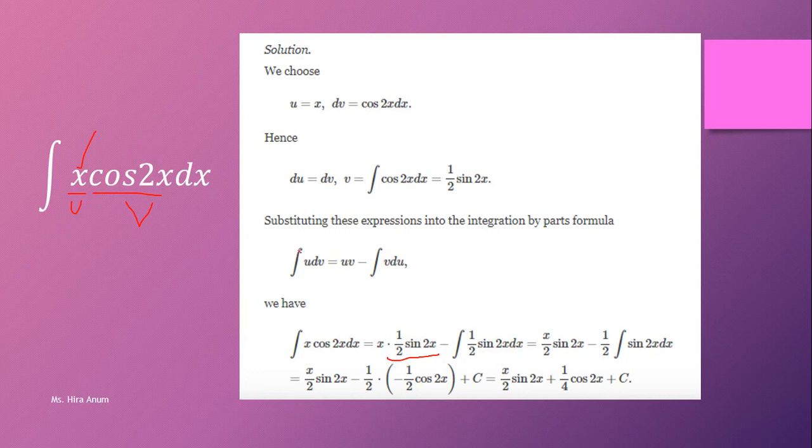Then multiply 1 with both values, meaning 1 multiplied with the integration of v dx, so it becomes integral 1 over 2 sine 2x dx. Then the integral of this function is minus 1 over 2 cos 2x. So our last answer is x over 2 sine 2x plus 1 over 4 cos 2x plus c.